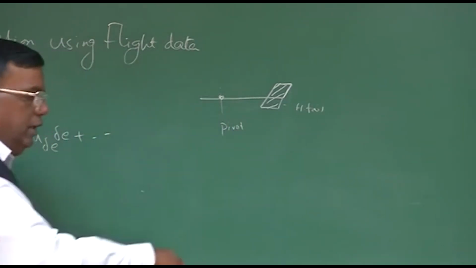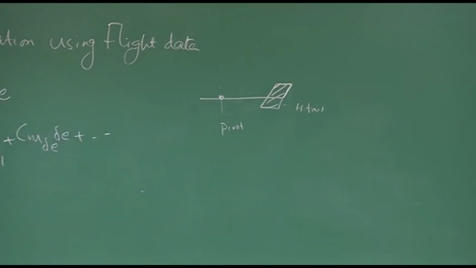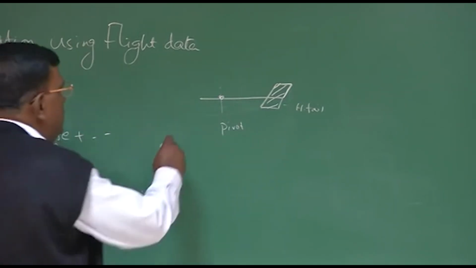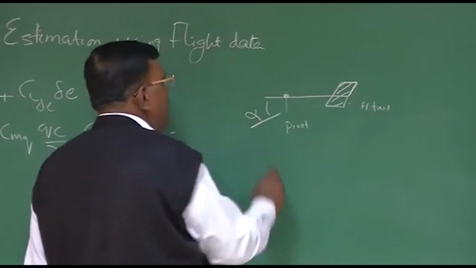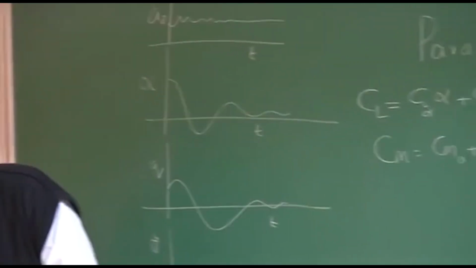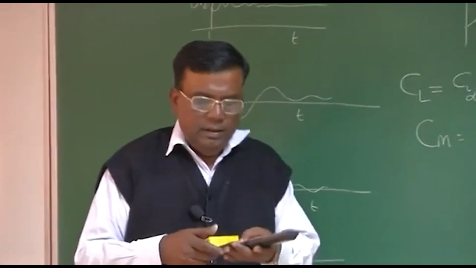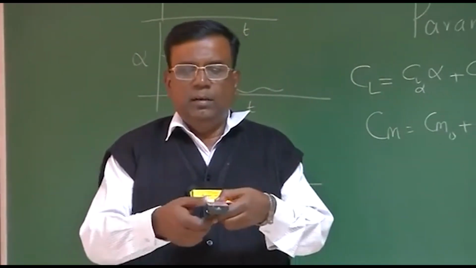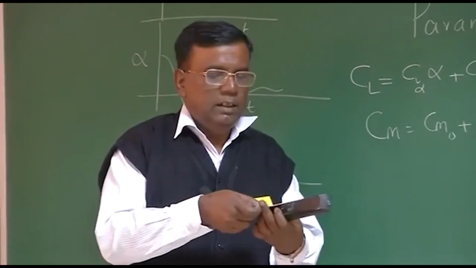Right? It can move up and down. Now imagine what will happen if this system is seeing an angle of attack alpha. See, this is the horizontal tail, and this is the boom. Or let's say I put it like this.